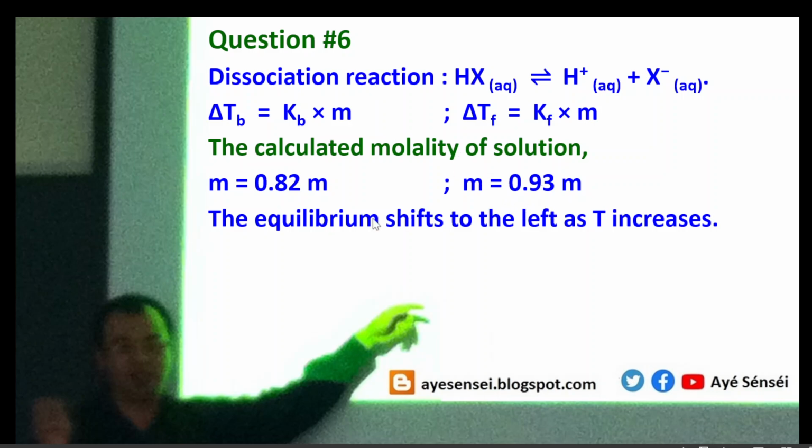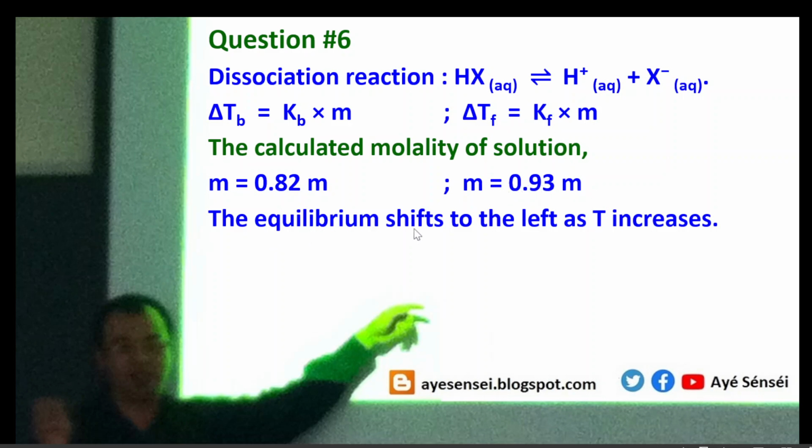As we can see, the equilibrium shifts to the left as T increases. This is the boiling point, and this is the freezing point. So the value is greater when temperature decreases.